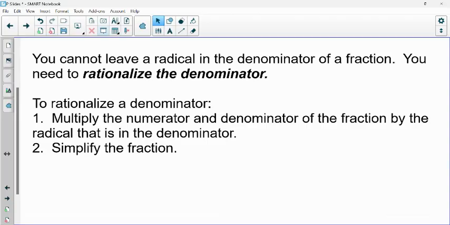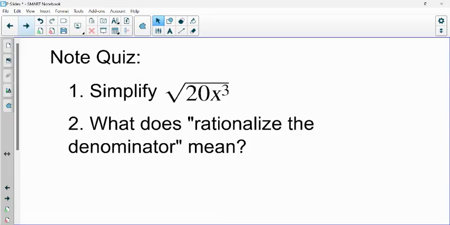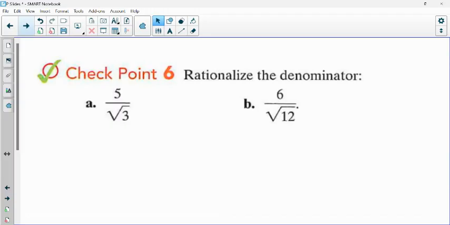All right, so our example here, we have 5 over root 3 as one of them, and then 6 over root 12 as our second.